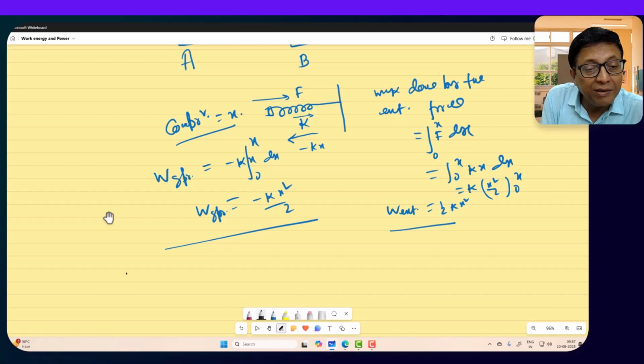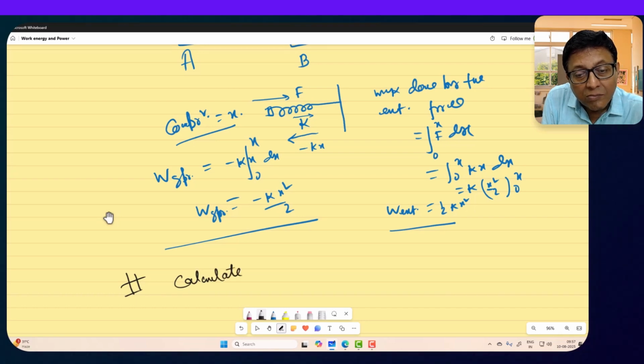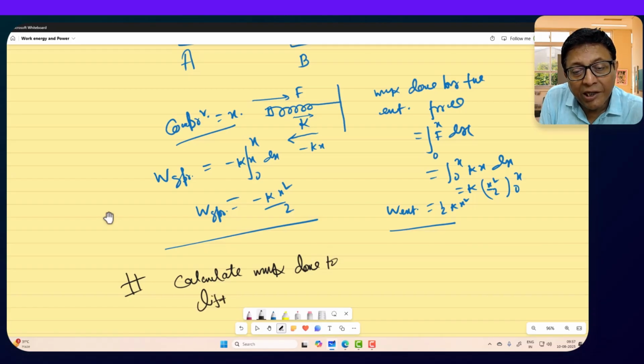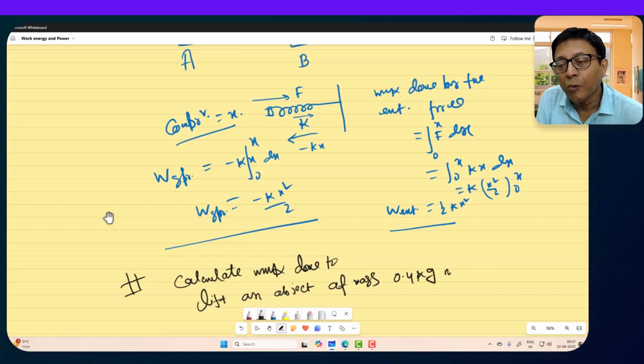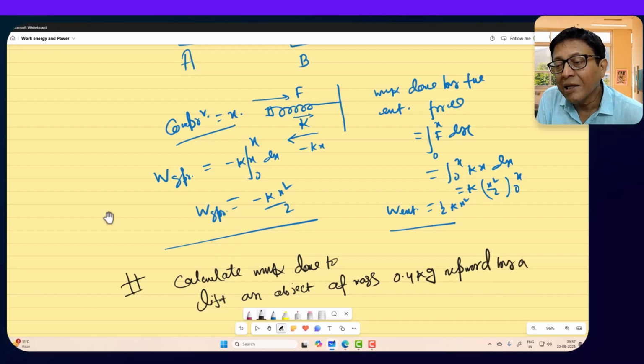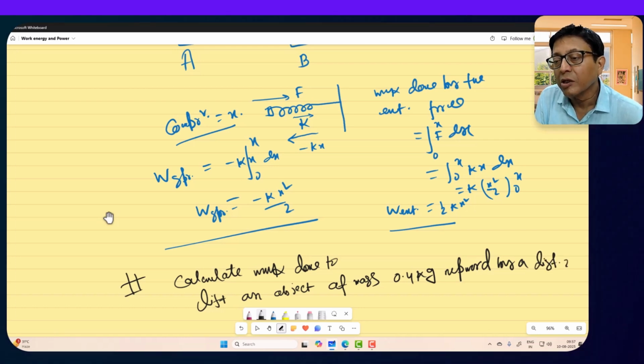For work done in the case of gravity, calculate the work done to lift an object of mass 0.4 kg upward by a displacement or distance, vertically upward, 2 meter.